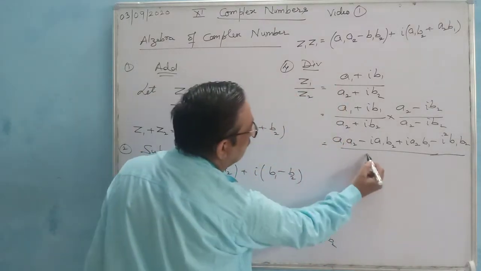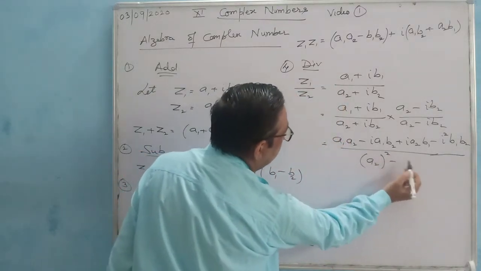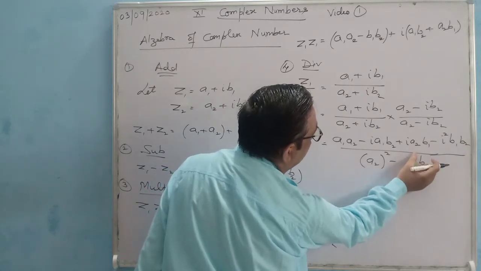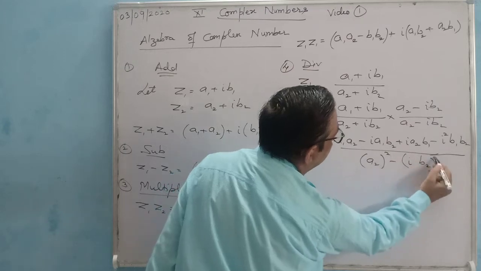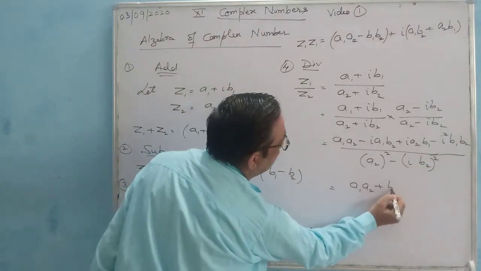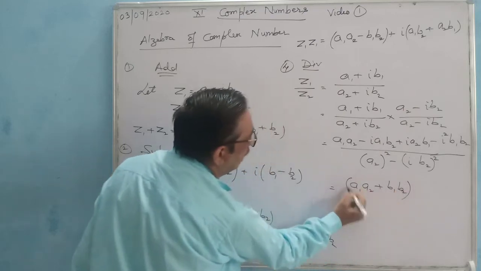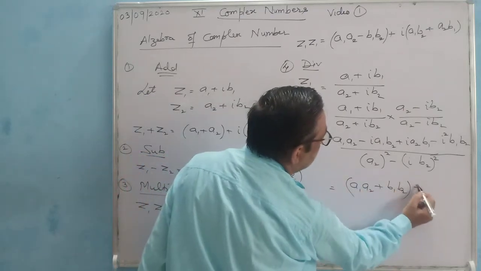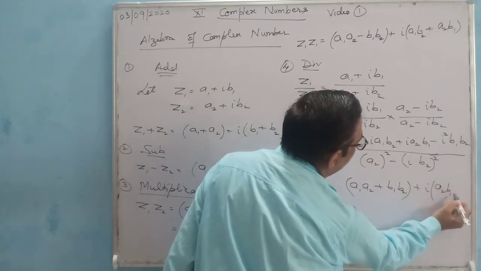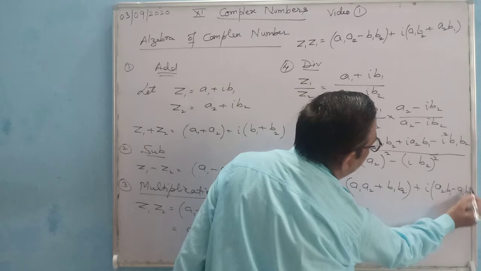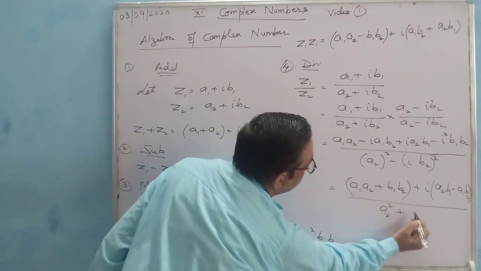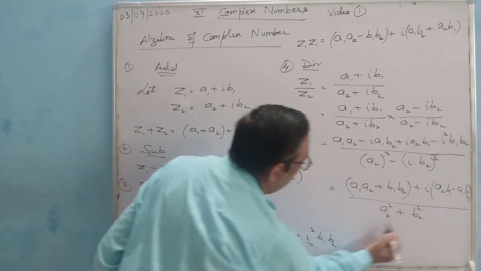In the denominator, a2 square minus i square b2 square. This is a1 a2 plus b1 b2, replacing i square with minus 1, plus i is common: a2 b1 minus a1 b2, whole divided by a2 square plus b2 square.